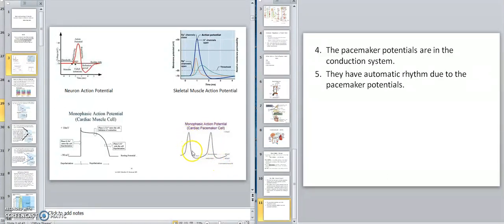So they have an automatic rhythm. Now, the speed of the automatic rhythm varies because the SA node, the speed is much faster. So it reaches threshold much faster. That's why it's called the natural pacemaker of the heart.